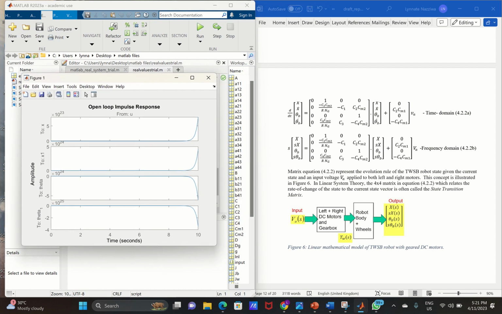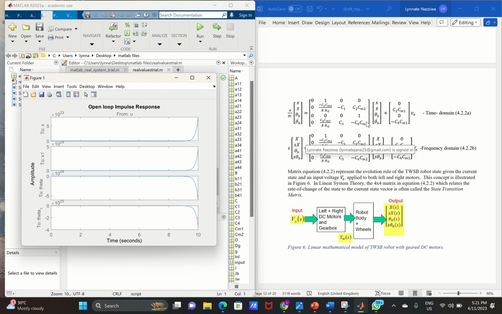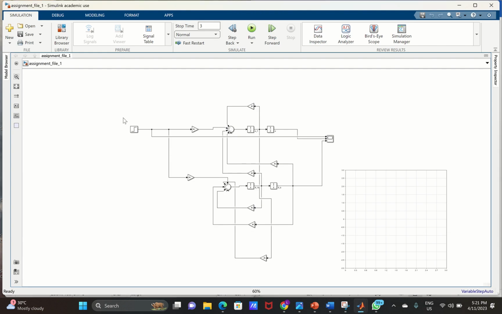Putting that aside, we are also able to model the system in SIMULINK, which is right here. Our input to the system is VA, which we are putting in as a step input, and our outputs are X, which is the displacement, and theta B, which is the tilt angle of the robot body.